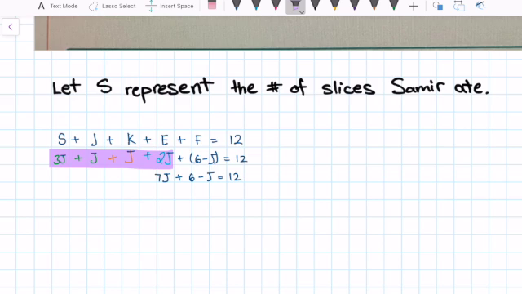The next thing that I'm going to do is collect these like terms over here. So that will be 6j plus 6 equals 12.